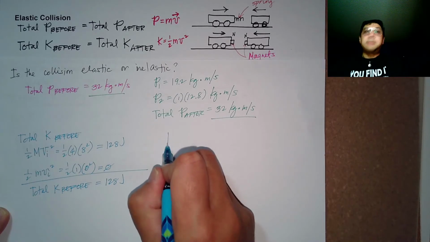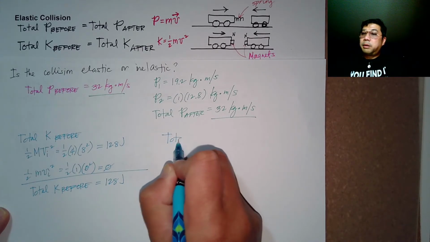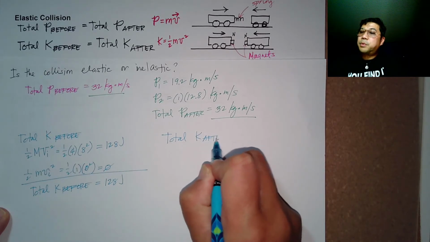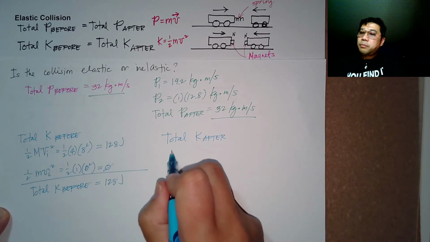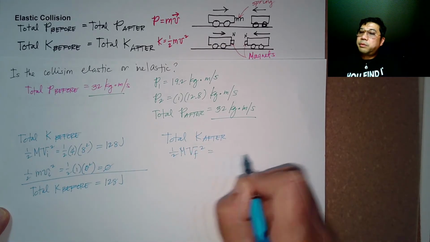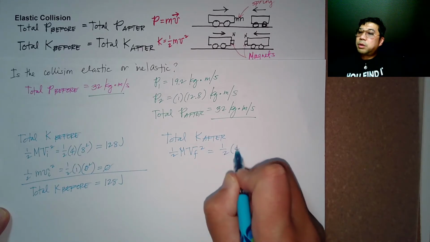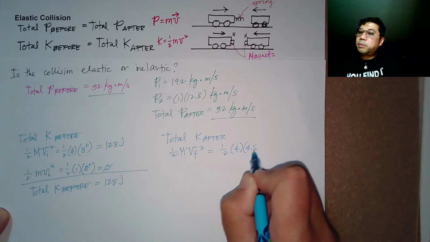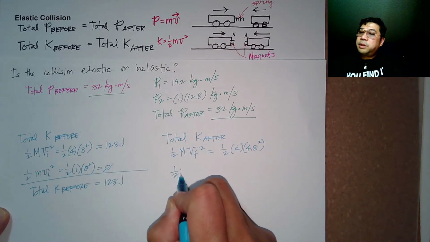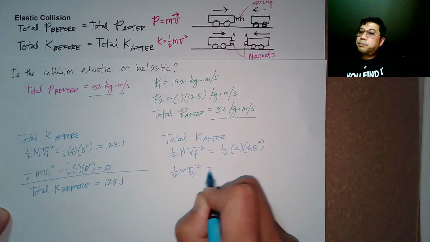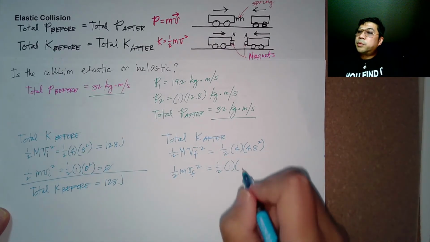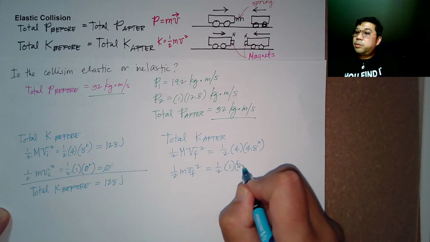Now let's proceed with the calculation for the total kinetic energy after collision. After they collided, 1/2 m v sub f squared is equivalent to 1/2 times 4 multiplied by the square of 4.8. The second number is 1/2 m v sub f squared, which is 1/2 times 1 multiplied by 12.8 squared, which we have calculated earlier.